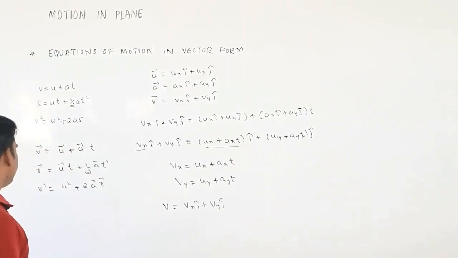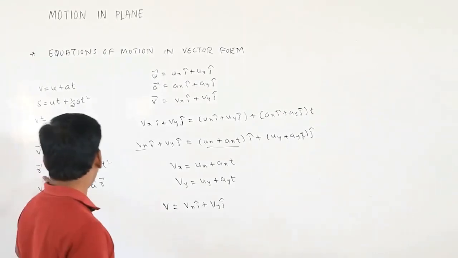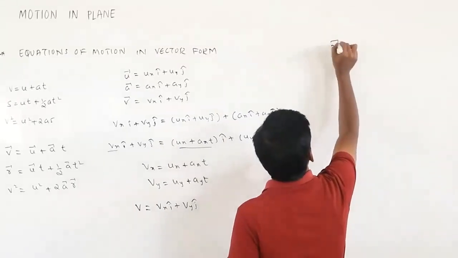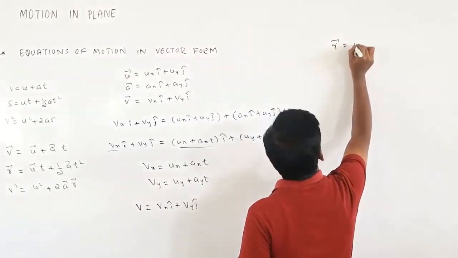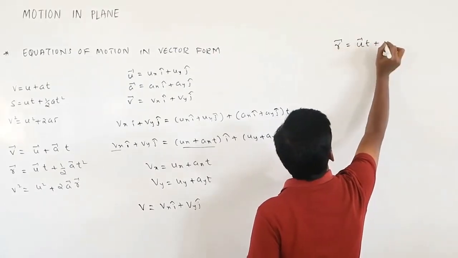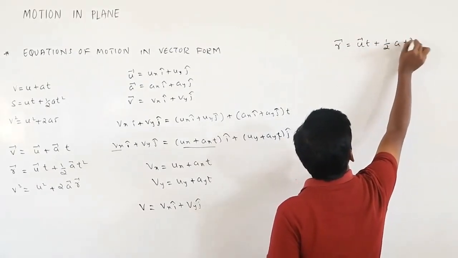Okay, so let me write for r also. That is r equals ut plus half at square.